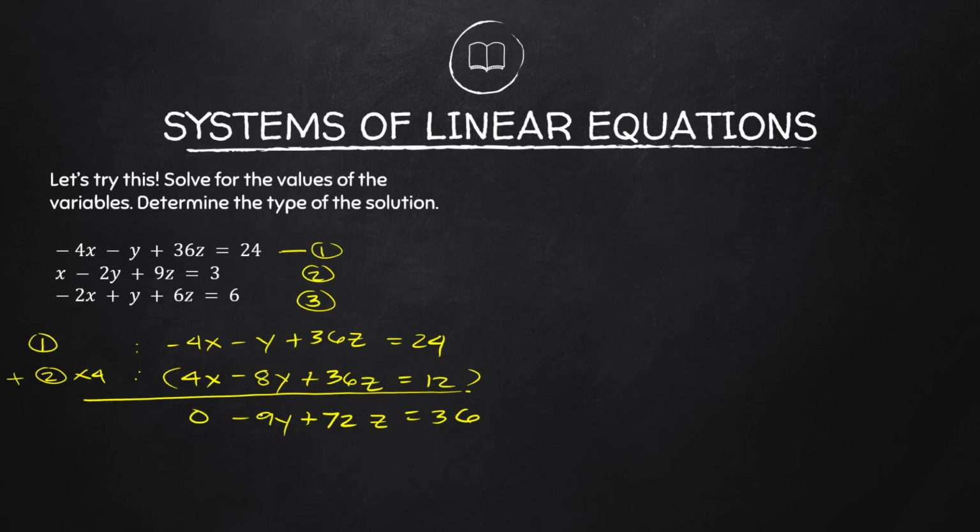If you notice, all of the coefficients and constants are divisible by 9. Let's multiply the whole equation by negative 1 over 9 to get rid of the negative sign. This will become y, 72 times negative 1 over 9 is negative 8 multiplied by z, equal to 36 times negative 1 over 9, which is negative 4.